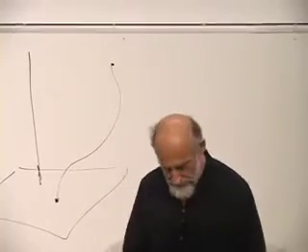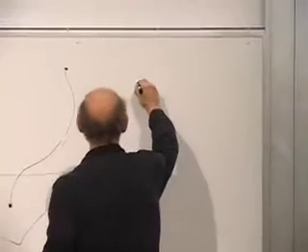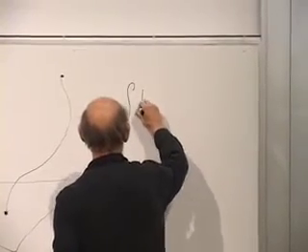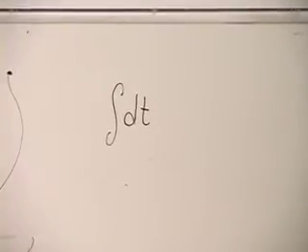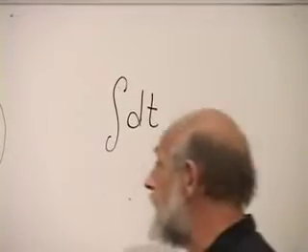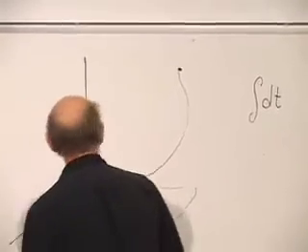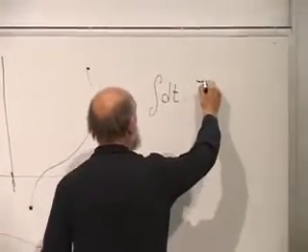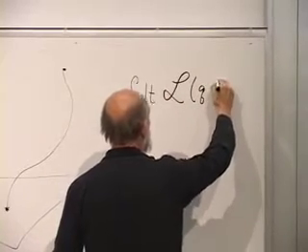Now, what is the action? The action always has the form of an integral over time, dt, of something that's called a Lagrangian. The Lagrangian is something that's made out of the q's and the q dots. So it's some Lagrangian, which depends on q and q dot.